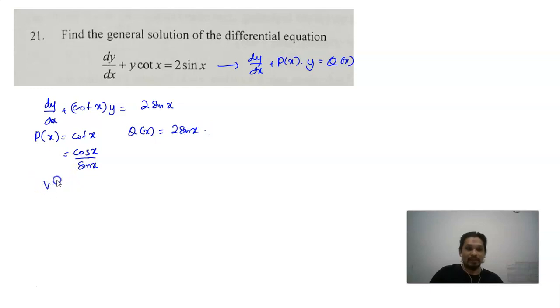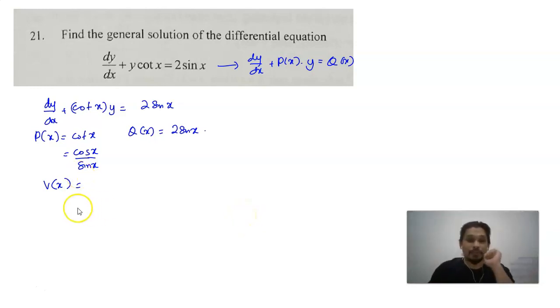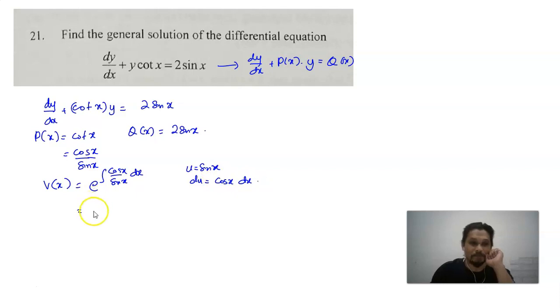So to find the integrating factor, V(x) equals e to the power of the integral of cotangent, which is cos x divided by sine x dx. To solve this, we use a substitution u equals sine x, then du equals cos x dx.